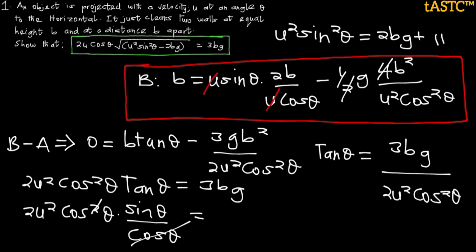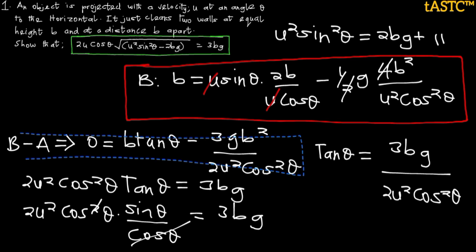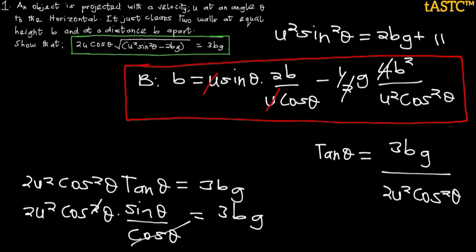So that is what we're going to have there. And so we're going to have this. So I need to rewrite this. So here we're going to have 2u squared cos theta, and you got a sine theta. This is going to be equal to 3bg.